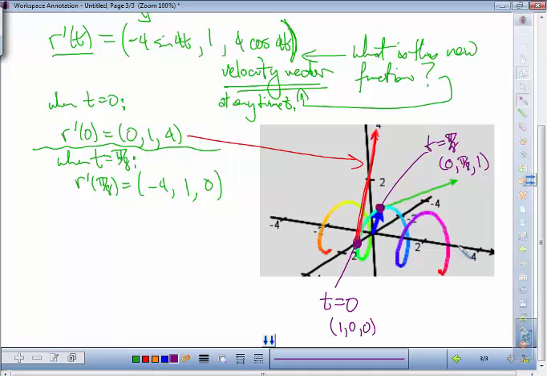So that's the point. And then now your direction vector over here, your velocity vector, is the derivative of the position evaluated at pi over 8.